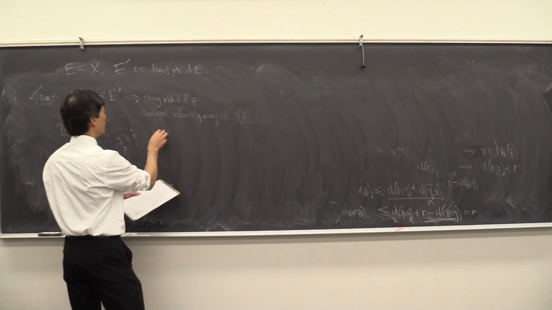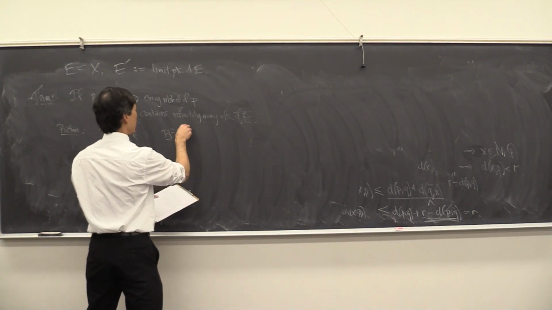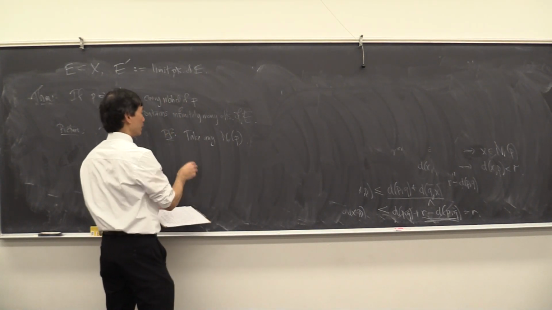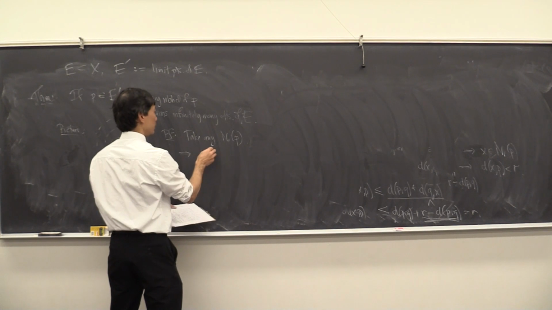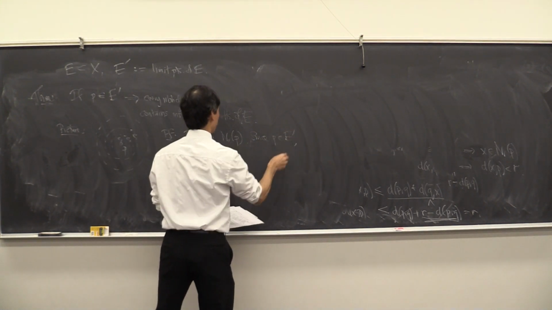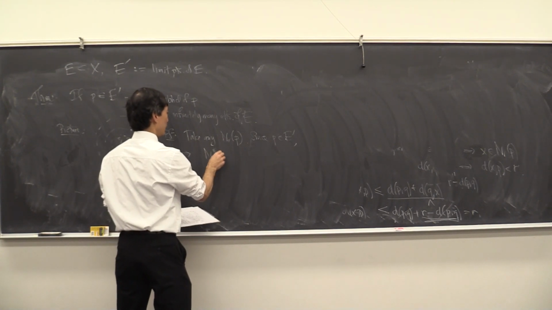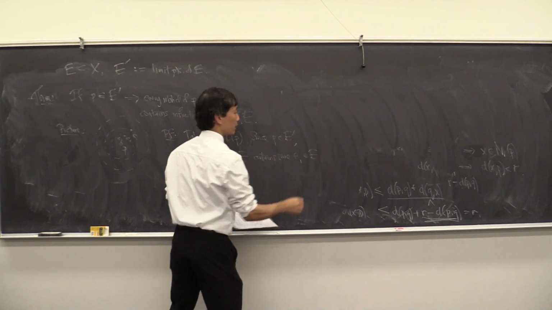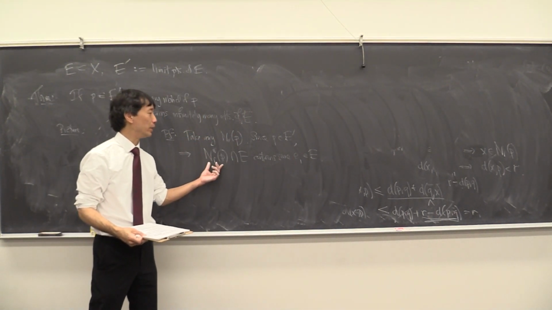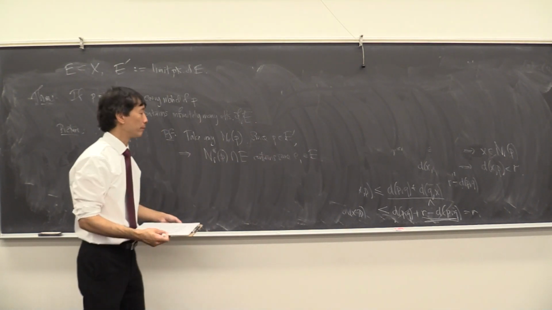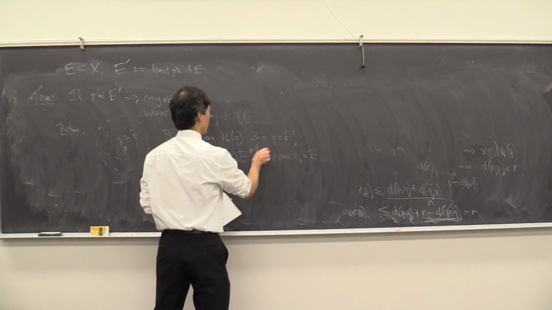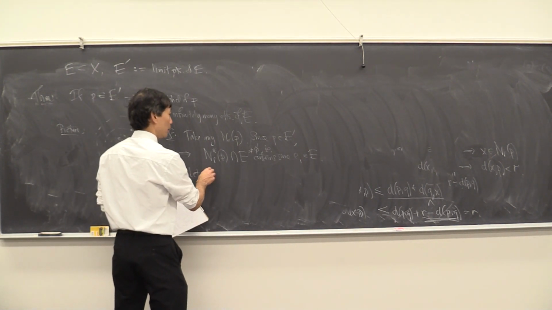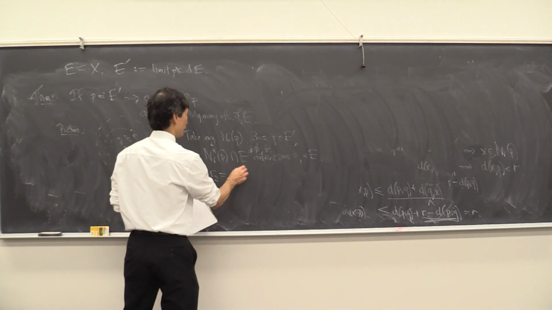Roughly, the proof. Take any neighborhood of P. Since P is a limit point, we know that the punctured neighborhood intersect E contains some E1 in E. It is non-empty; in other words, it contains some point that is in E. Now let R2 be the distance from P to E1.